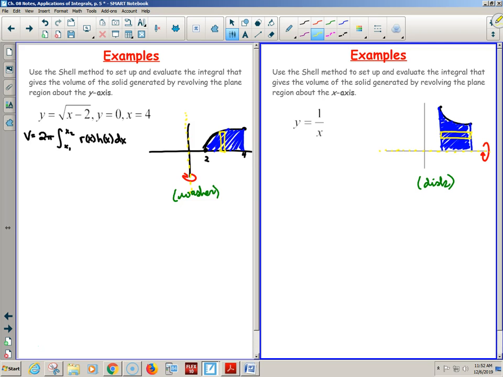Yes, the one on the left is easier, so please don't just go to the one on the right. It's harder. Just look at this one.